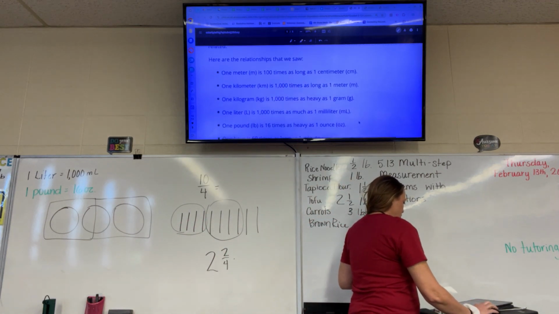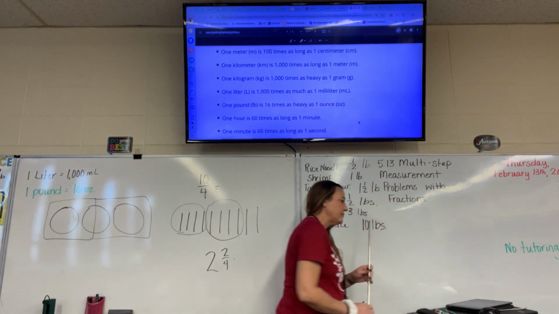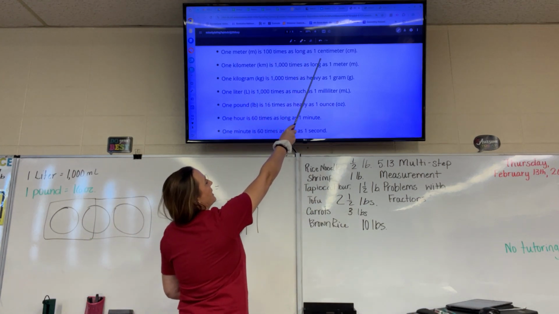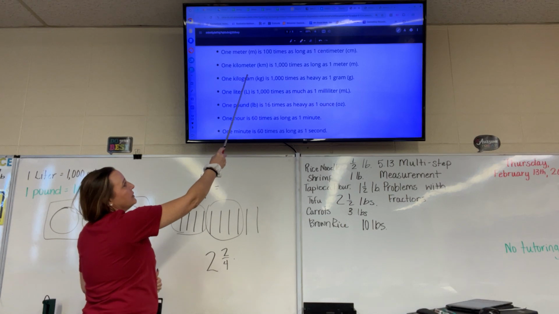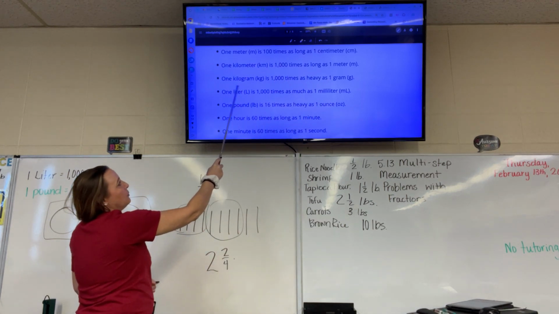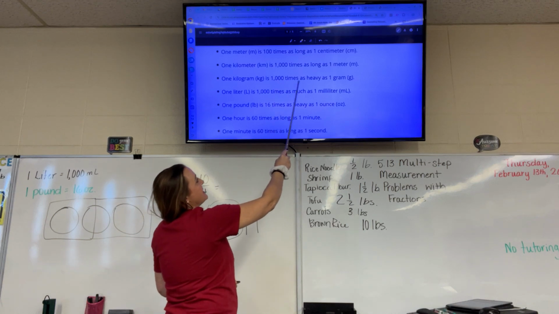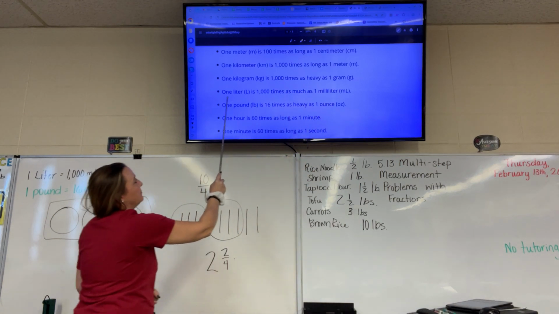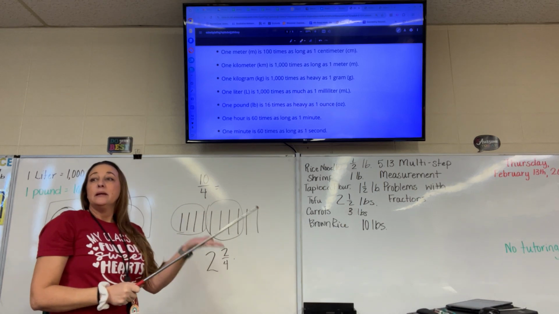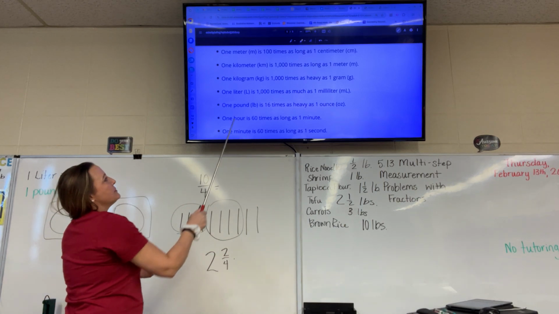Here are the relationships that we saw. 1 meter is 100 times as long as 1 centimeter. 1 kilometer is 1,000 times as long as 1 meter. 1 kilogram is 1,000 times as heavy as 1 gram. Remember our paper clips when we did a single paper clip and then 1,000 paper clips?